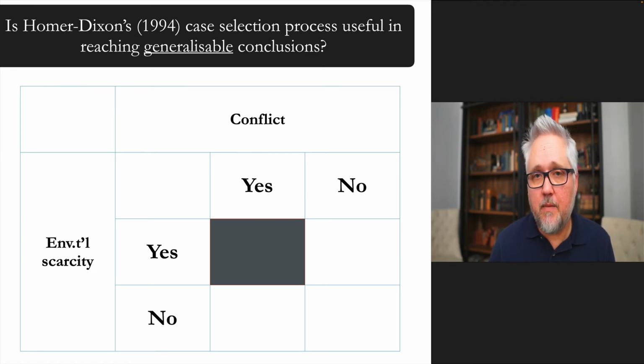And he basically selected on both a dependent and independent variable. In his article and his books, he looks at cases in which there was environmental scarcity and conflict. This is often done in a lot of case study research, and it allows us to really delve deeply into how these processes connect scarcity in those 3 different ways that Homer-Dixon talks about to the probability of conflict and actual conflict.